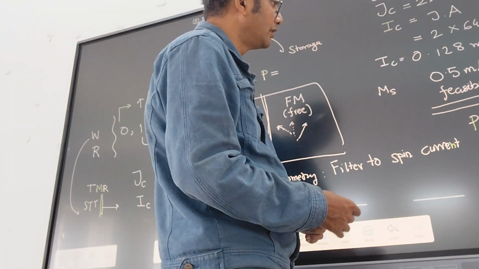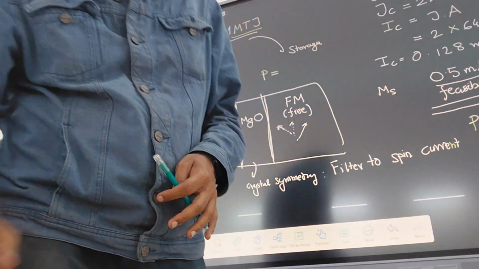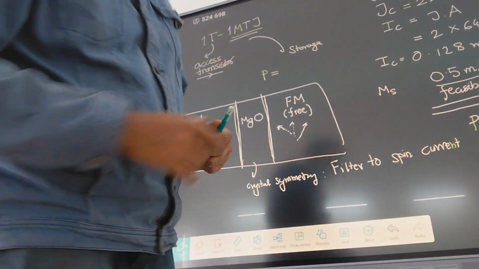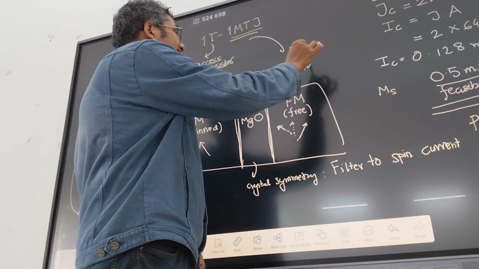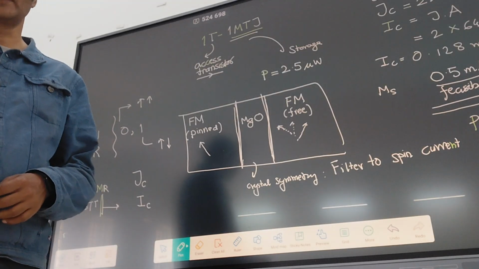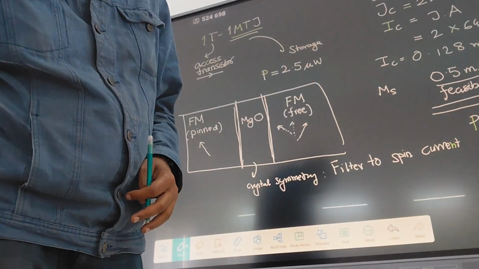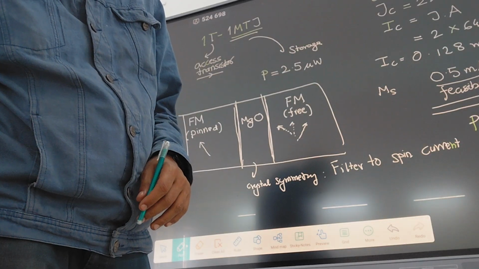Unity. This current. Yes, 2.5 microwatts. P is equal to 2.5 microwatts. Okay? Sir, 2.5 into 10 power minus 12 watts comes.